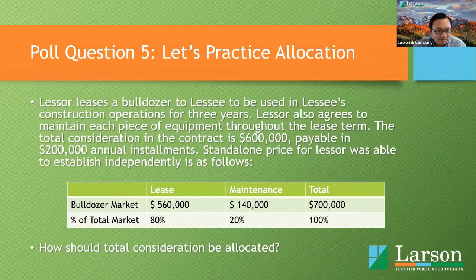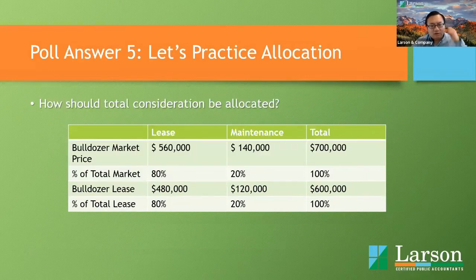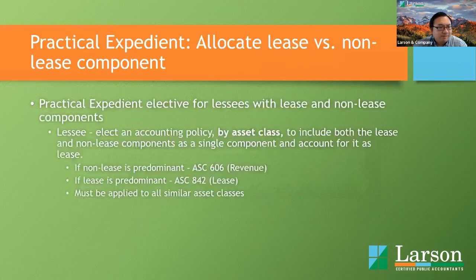And so there's the total market percentage of what the $700,000 represents. So for the answer, you'll just use that 80-20 split applied to the $600,000 fixed to determine the value for each of those components. And after knowing this, you'll only apply the lease guidance to that $480,000.